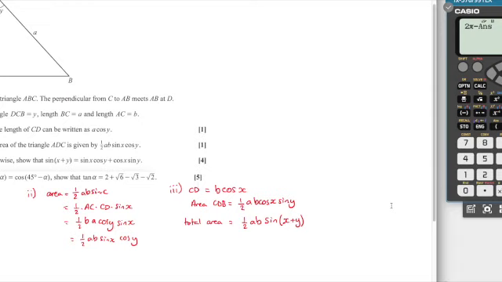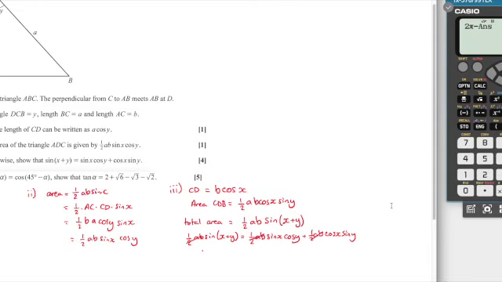And then you can say that that area is a half AB sine x cos y plus a half AB cos x sine y. Let's do it the right way around. Cos x sine y, the half AB's cancel out.